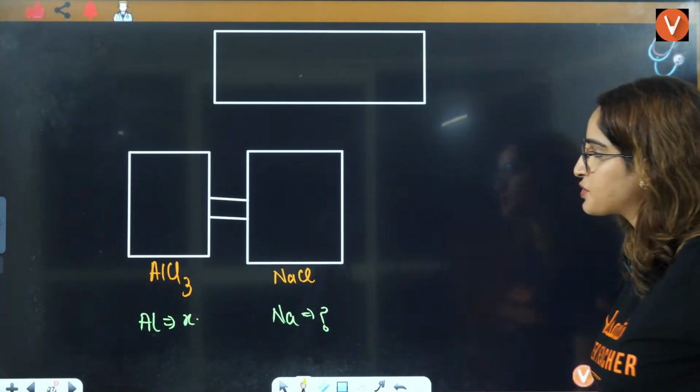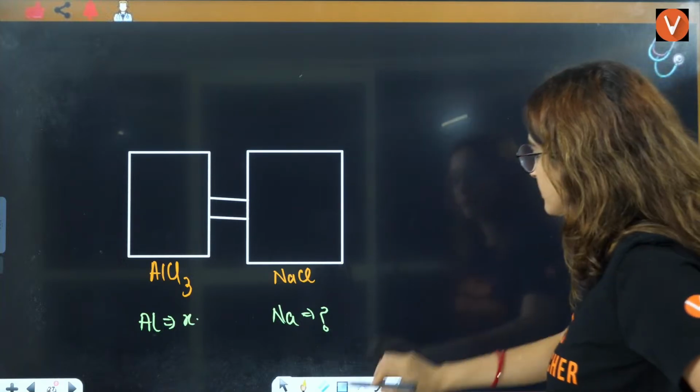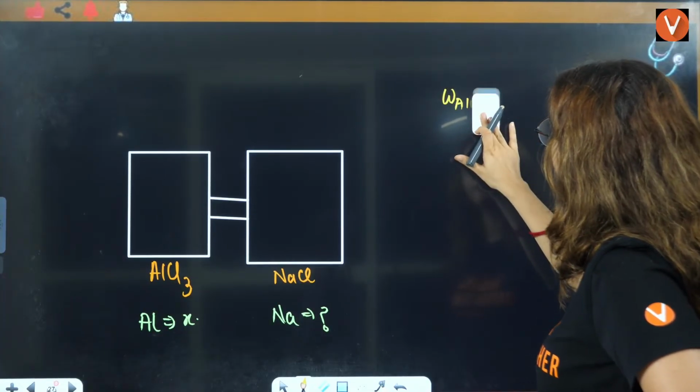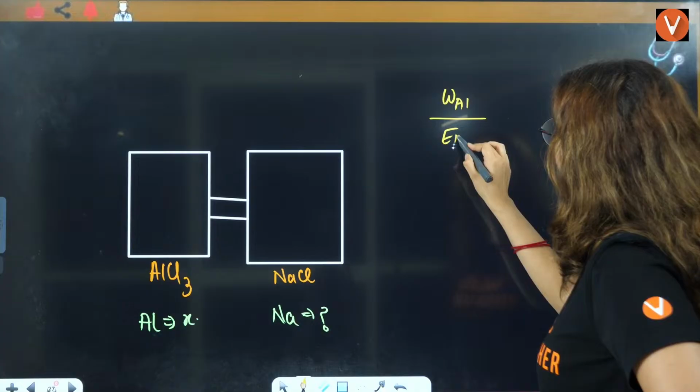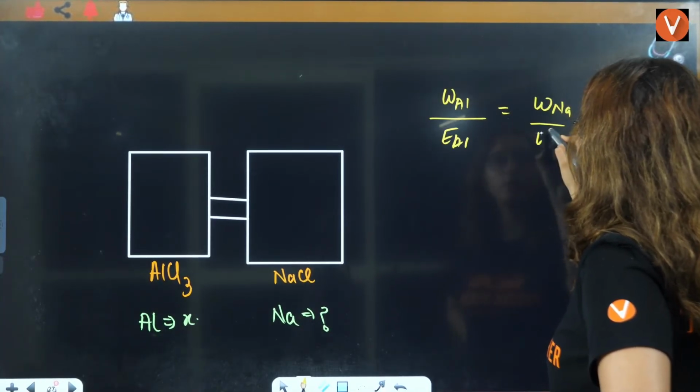So the simple thing is, you will say that weight of Al deposited by equivalent weight of Al is equal to weight of Na by equivalent weight of Na.